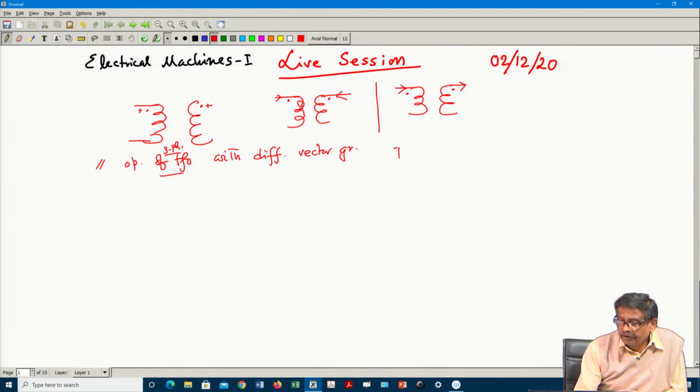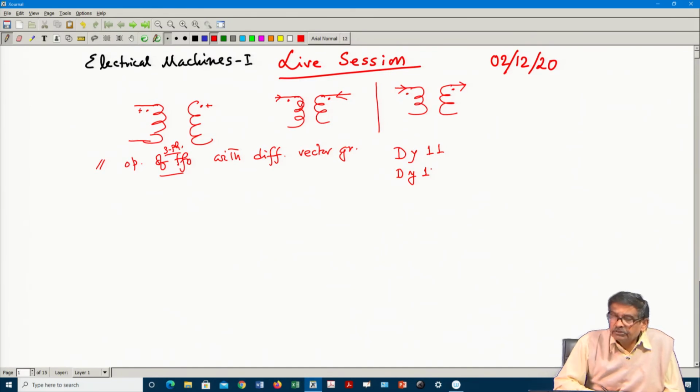Suppose you have a transformer whose connection is Dy11 and another transformer which is Dy1. These are two possible ways of connecting a Dy transformer. Can these two transformers be connected in parallel, assuming that the line to line voltage magnitude and frequency on these sides are the same? Is it possible to parallel them?